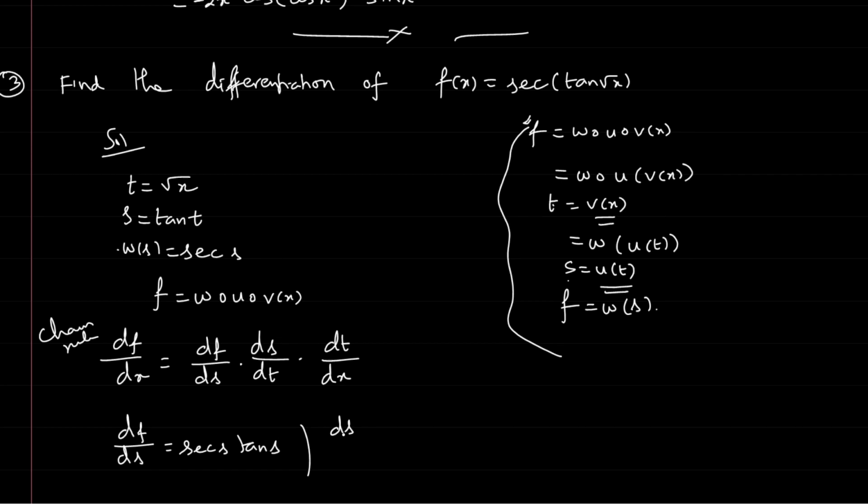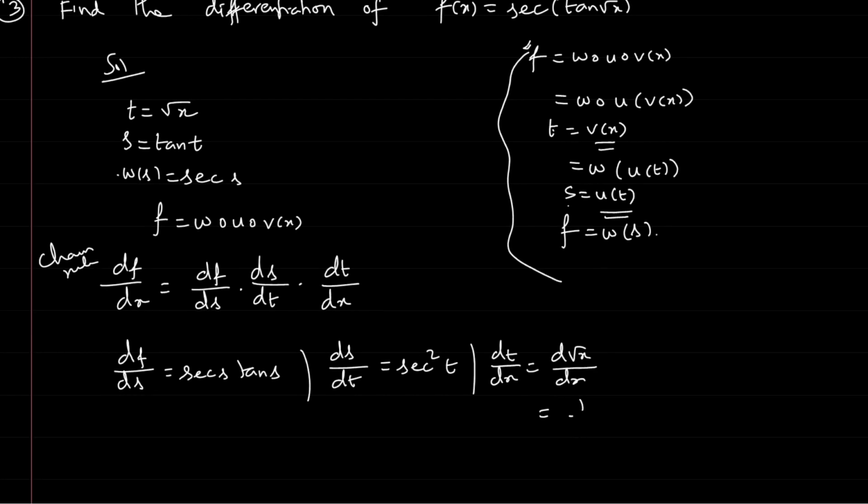And differentiation of s with respect to t, that is differentiation of tan t, is secant square t, and differentiation of t with respect to x, that is differentiation of root x with respect to x, is 1 by 2 root x.